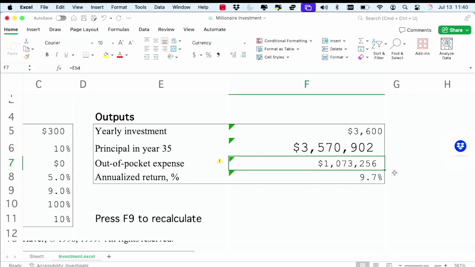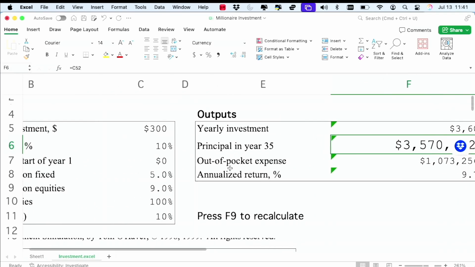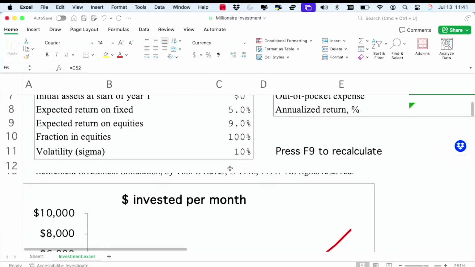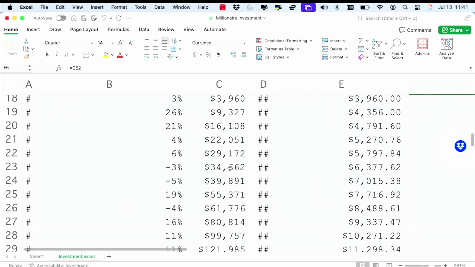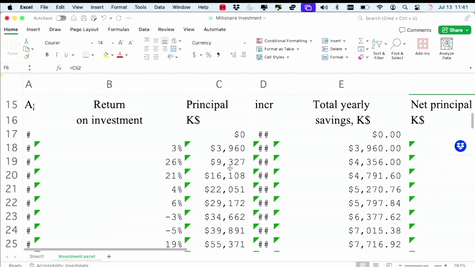What's surprising here is that the variation in our portfolio value outcomes is quite high. So in this particular series of returns, what we see is that the ending value of our portfolio is just a shade over 3.5 million. And that is driven by, if you go down here, you'll see the actual returns that we got in our portfolio.